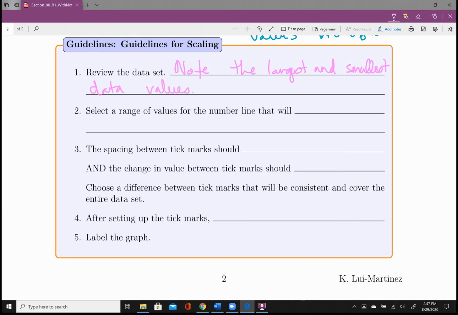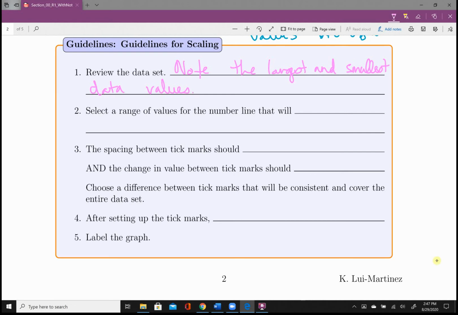These are going to determine what your largest and smallest tick marks should be. Your largest tick mark should be a little bit more than your largest data value, and your smallest tick mark should be a little bit less than your smallest data value.